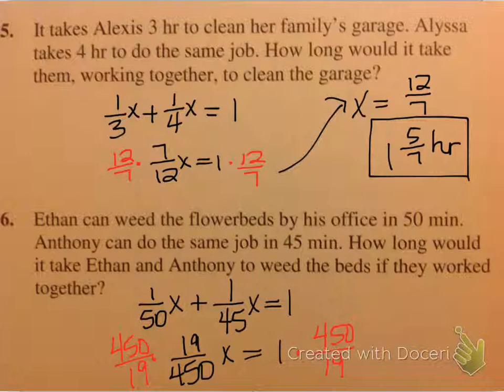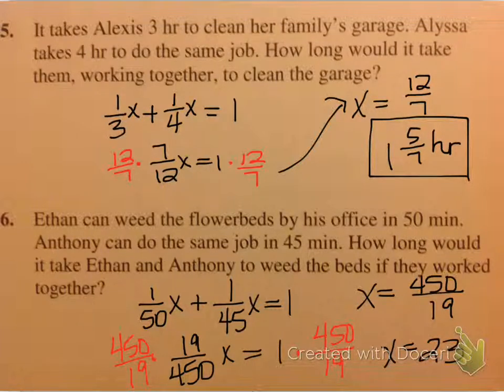And that's going to leave me with x equals 450 over 19, which would be the same thing as 23 13/19. And that's my final answer on that one.